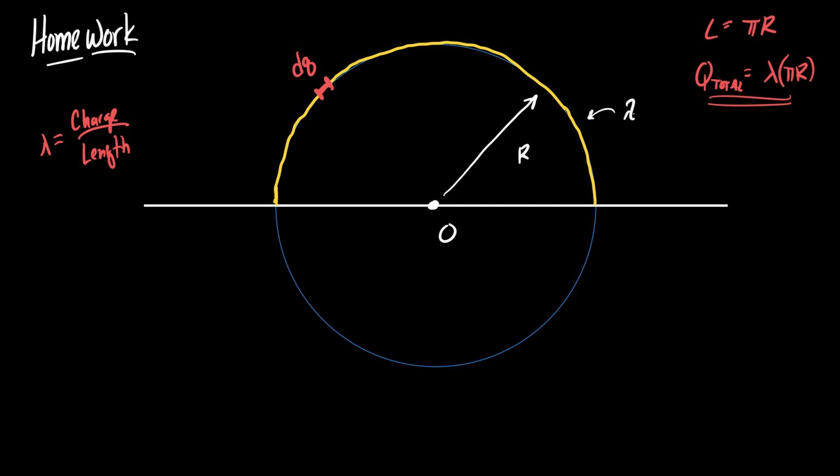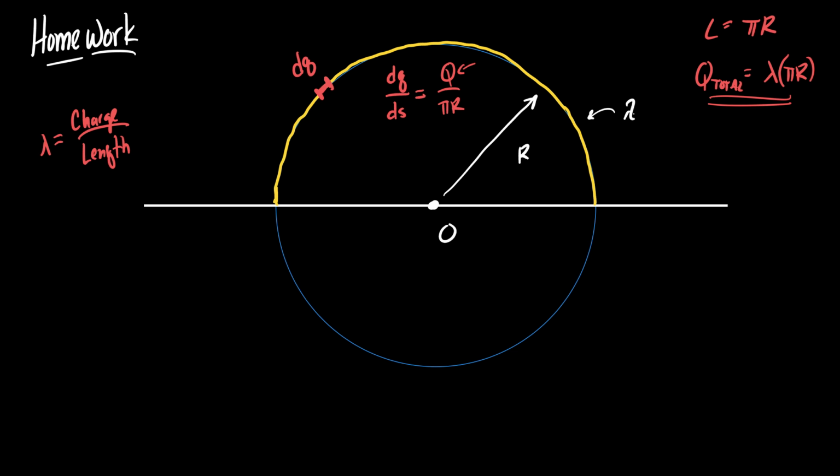The first thing we want to do is try and identify a way of dealing with dq. It's how much charge is there. And again, by definition, we could say dq is to ds as q is to the total length, but we can't have q in our answer. So that'd be the wrong way to go.